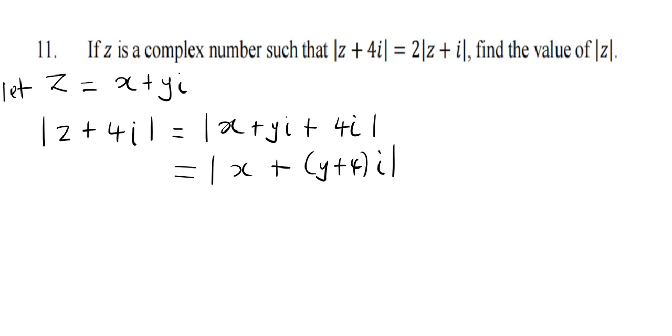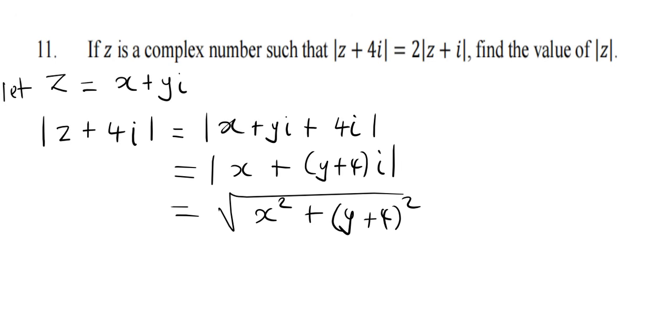Then from there, if you're finding the modulus, because these absolute bars are just telling us to find the magnitude, what are we going to do? The magnitude, you find it by x squared plus what you have as the imaginary part, which is y plus 4, squared, like that. Okay, so that is the first part, that is our z plus 4i.